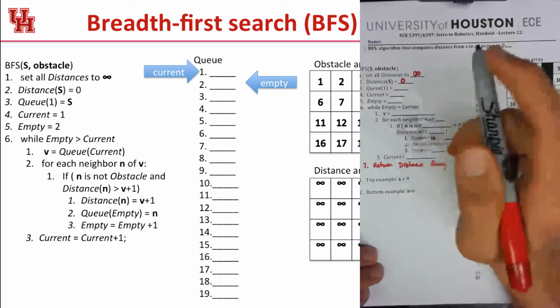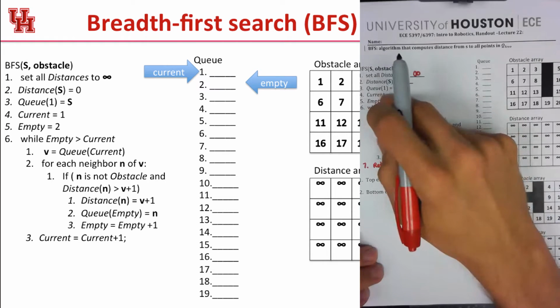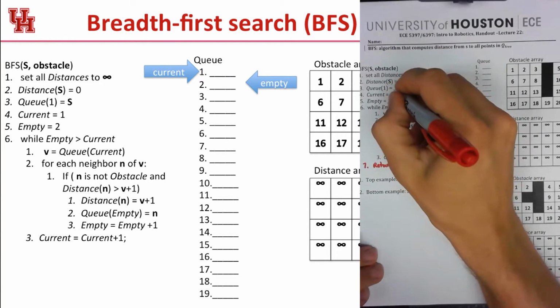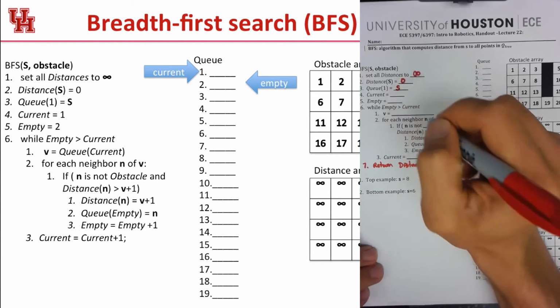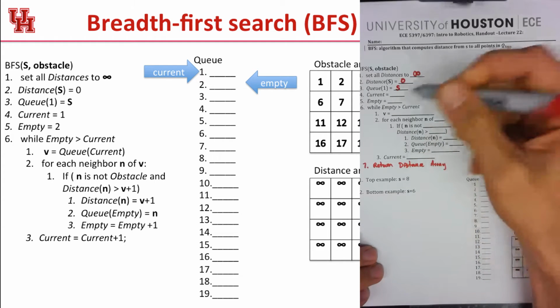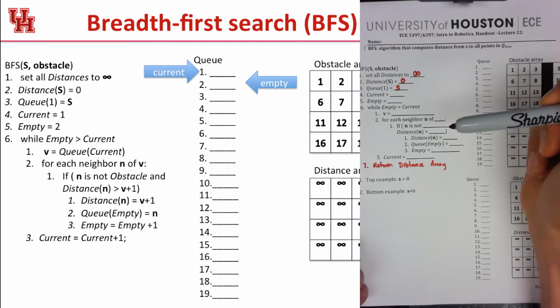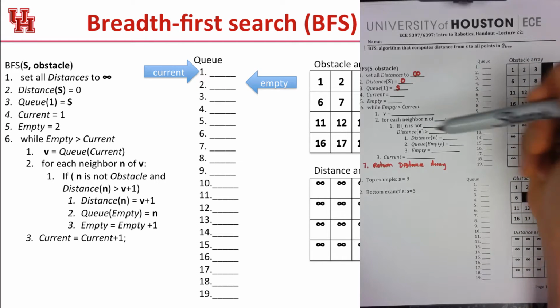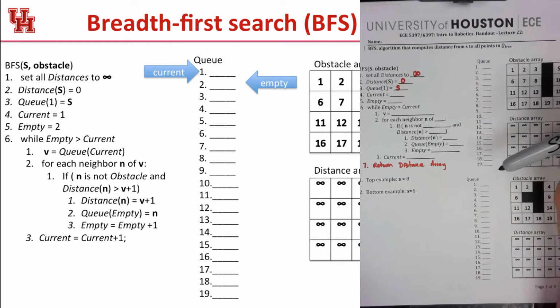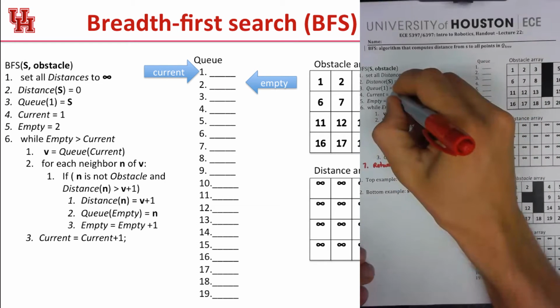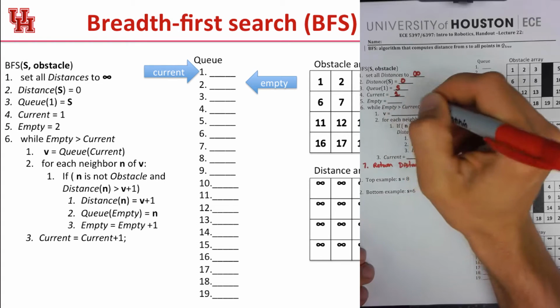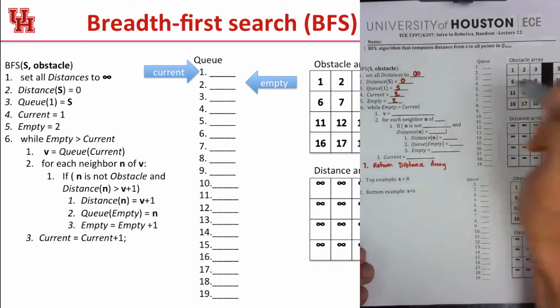And so the first thing that we do is we put into our queue the value s. And then we're going to keep 2 pointers to the queue. The first one, current, is going to be the node that we're currently examining, and empty is the next spot in the queue that's empty. And so since the first one is going to be s, we're going to say current is equal to 1, and empty is 1 past that.